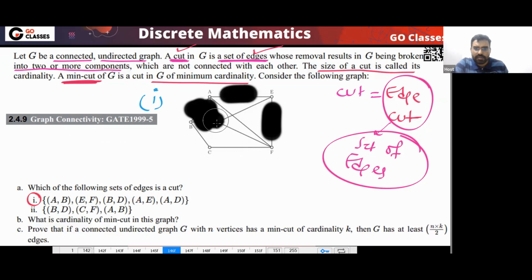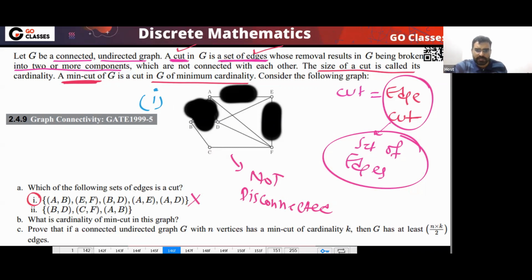Now tell me, did we disconnect the graph? No, the graph is still not disconnected. So this is not an edge cut. Yes or no?